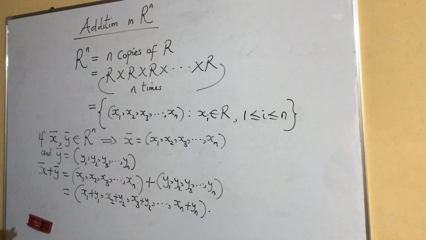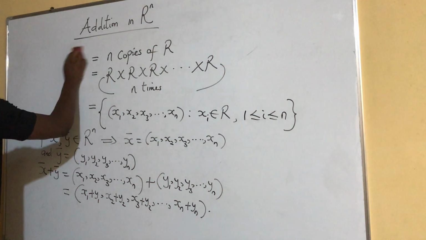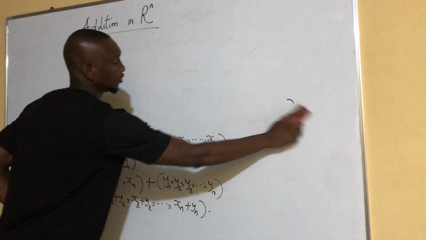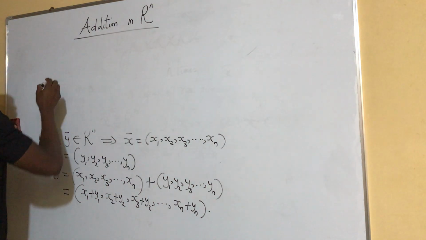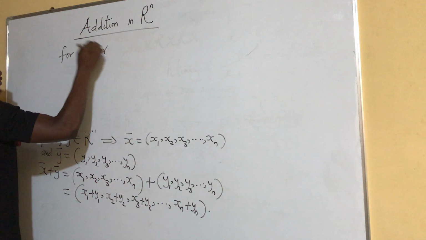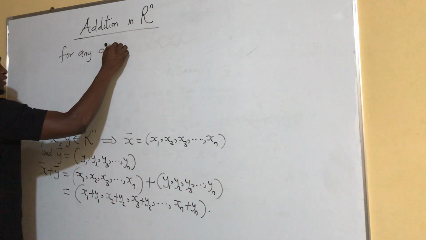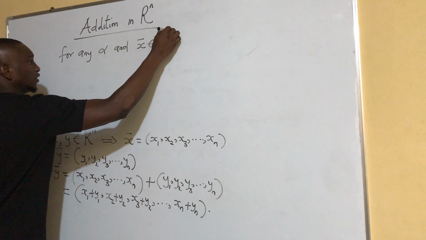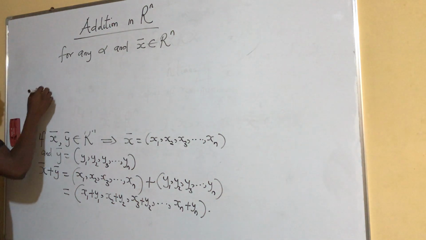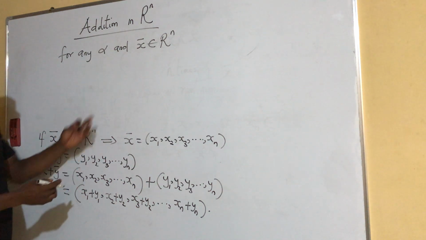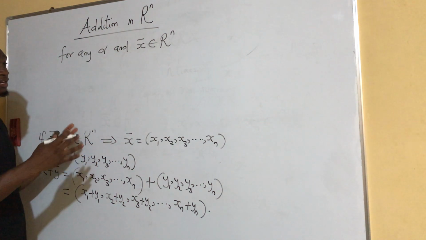Now, let's assume there is a scalar. For any scalar alpha and any x bar element of R to the power of n, you see that R to the power of n implies that each element will have n elements.